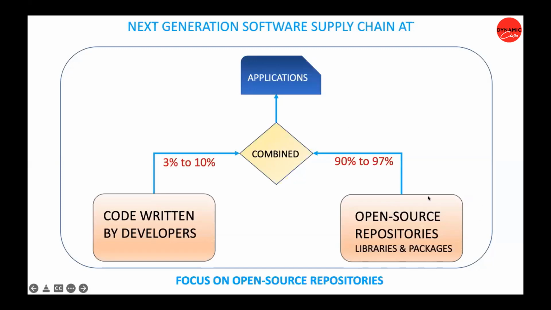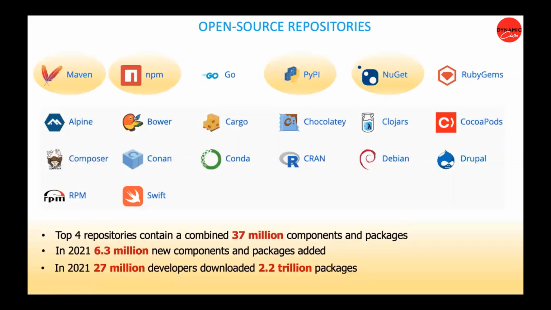The attack here is very, very fruitful, because there are many, many open source repositories. I have highlighted 4 of them: Maven, NPM, PyPI, and NuGet. This is for .NET, this is Python, this is for JavaScript, this is for Java. These are the top 4.